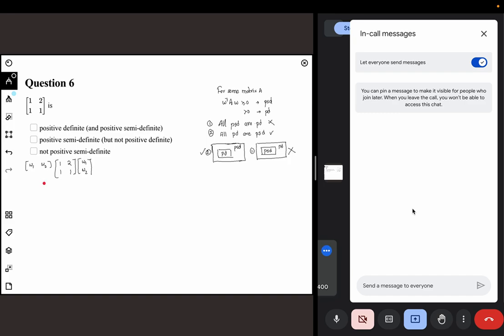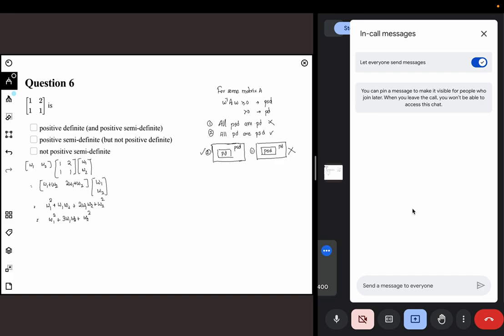If you compute this, you have something like this.